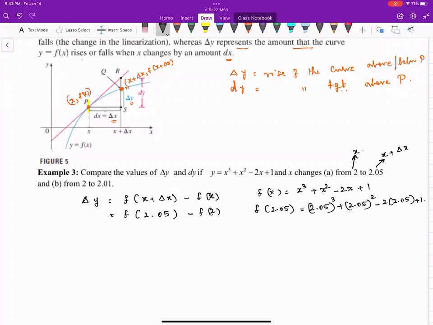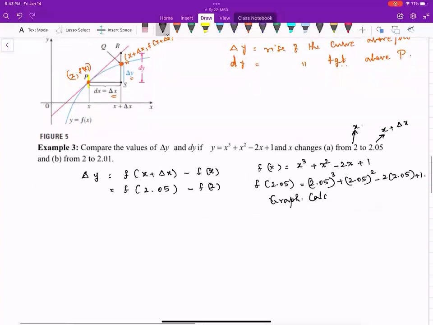If you are using the calculator, you can compute this manually, but if you remember the chapter 2 technique that I taught you in the graphing calculator, you can also use the graphing calculator. In Y equals, you plug in the function x cubed plus x squared minus 2x plus 1. This is the graphing calculator technique.